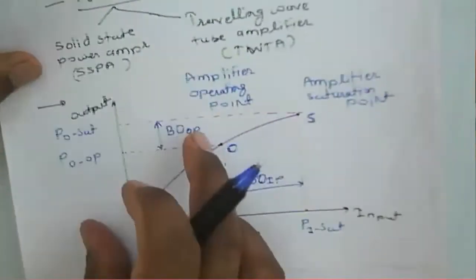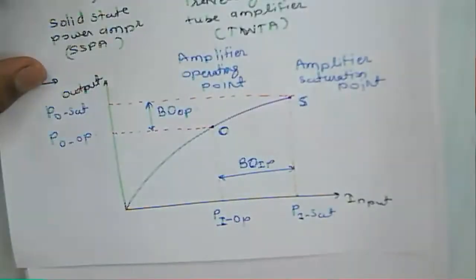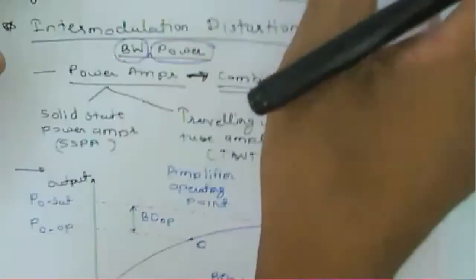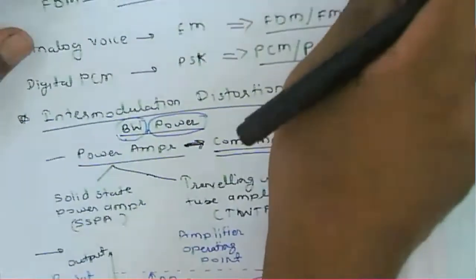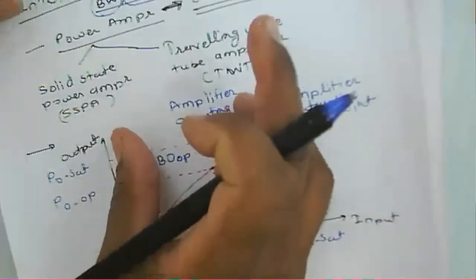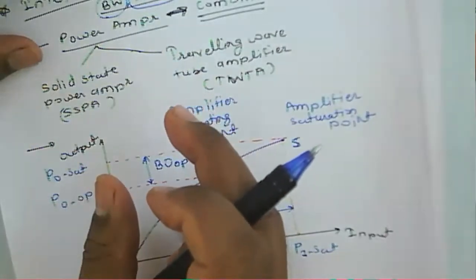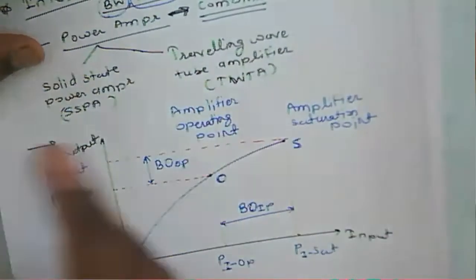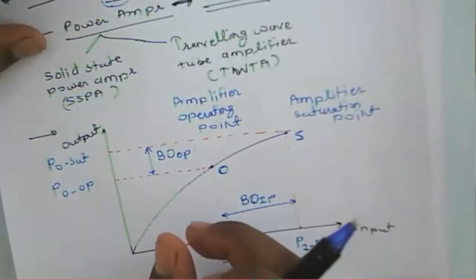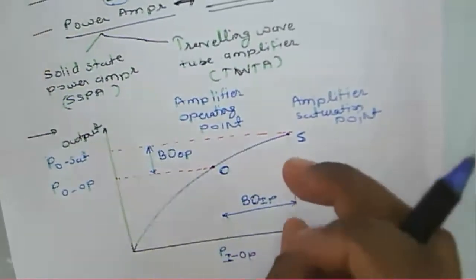So the output power of the transponder after that particular back off will be divided in the downlink, or you can say it will be divided to the particular bandwidth there, so that we can calculate what the output power will be.